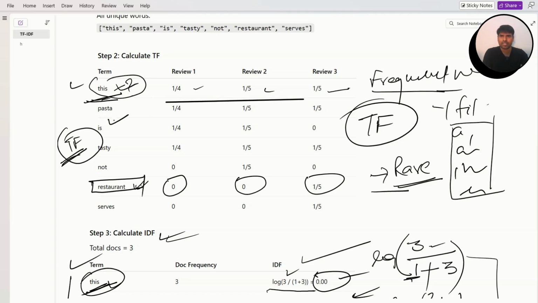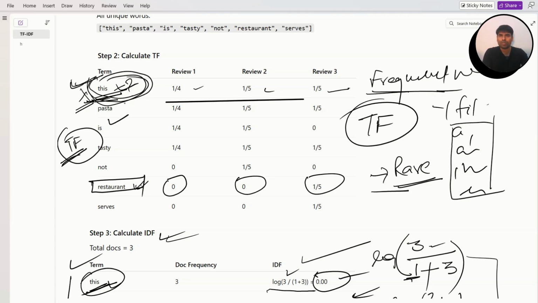But let's suppose we have this keyword, and these keywords are repeating most of the time according to TF. So somehow I want to penalize it, because if I don't penalize, my model will give more weightage to this keyword. If I give more weightage to a stop word, maybe my model will not perform well. The learning will not be good.